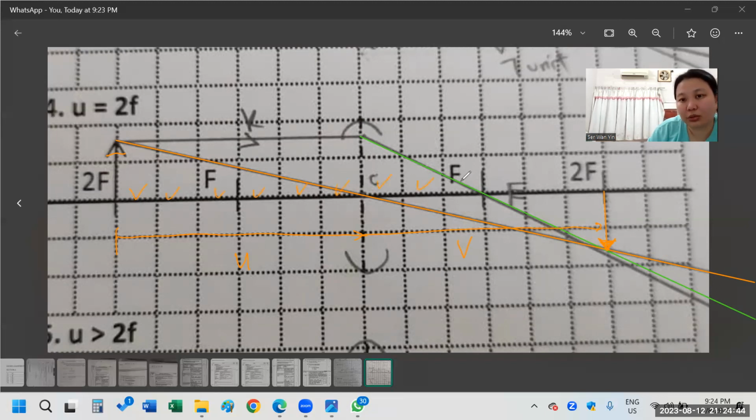Then 1, 2, 3, 4, 5, 6. The distances are equal, so they are equal. There, intersect with it.